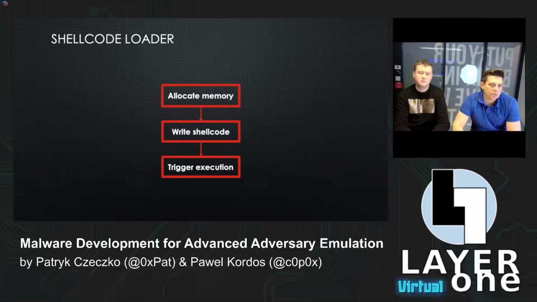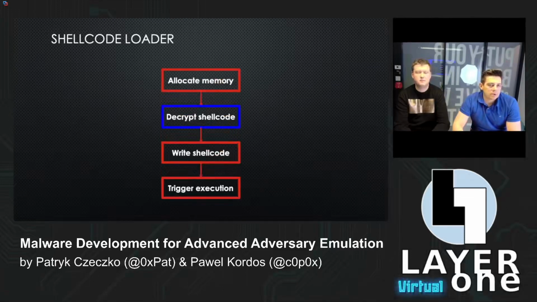So what can we modify here? First thing, we could encrypt the shellcode, or just encode this, or use XOR encryption, whatever, to just bypass those well-known signatures for shellcodes. And then this could be decrypted in memory and then written in a specific buffer and executed.